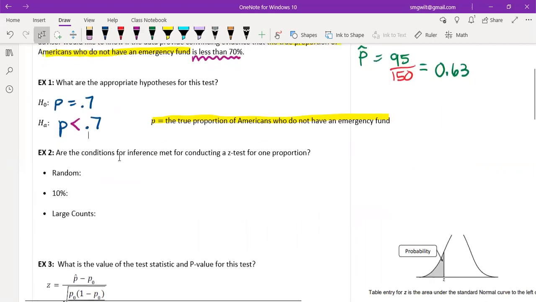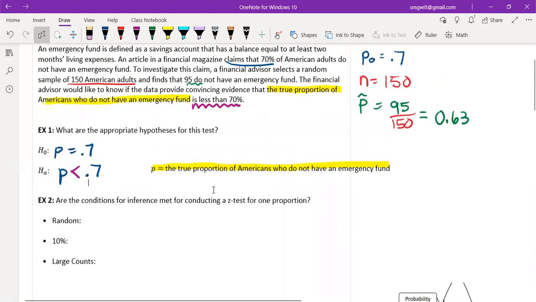So then, are the conditions for inference met for conducting a z-test for one proportion? Remember that we're looking for the word random when we're describing our sample. So random, that one's good. We need the 10% condition.